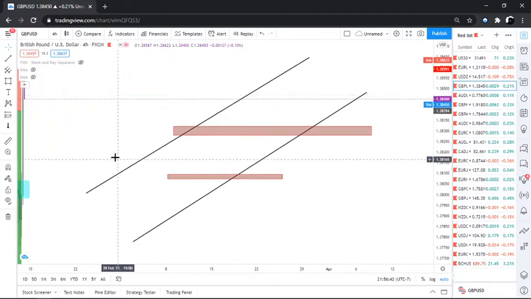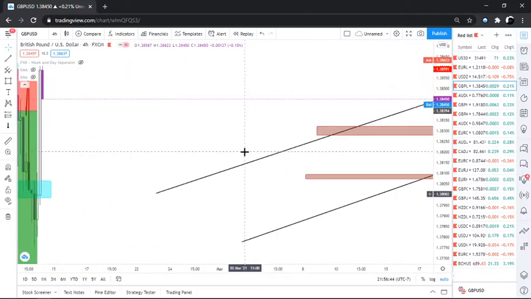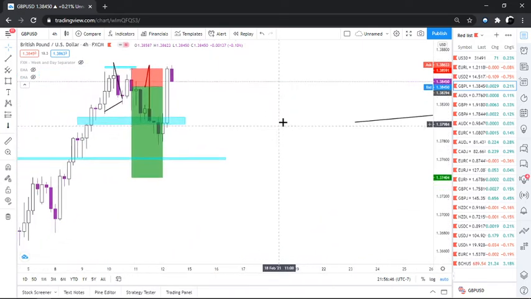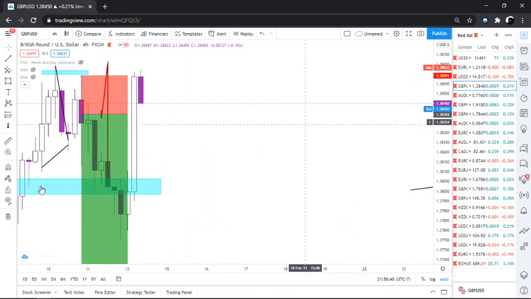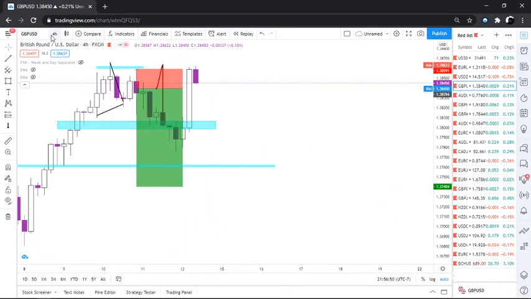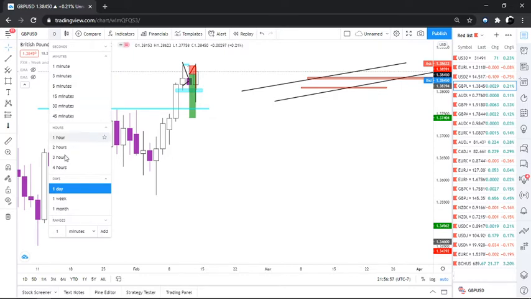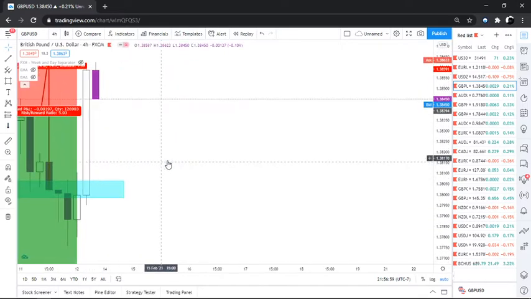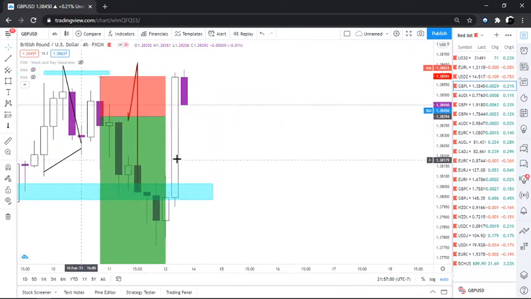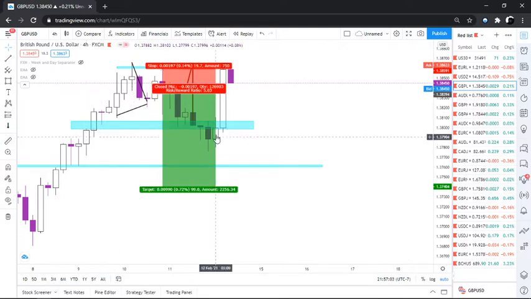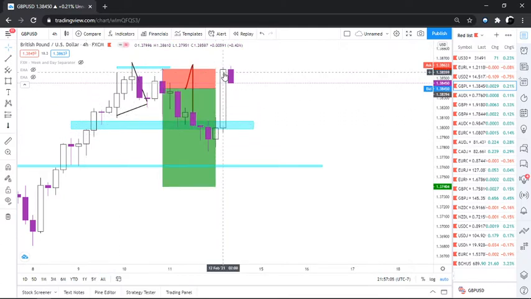Honestly, I made a move going against the trend here. It worked out, but I realized after I zoomed out long enough that I was actually trying to catch a falling knife. Not good at all. And as you can see, it pulled back to a certain point and it continued up.